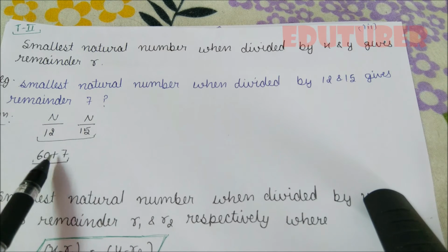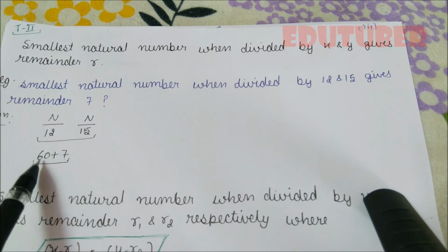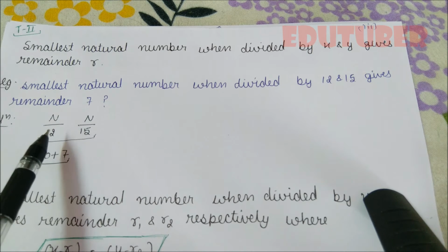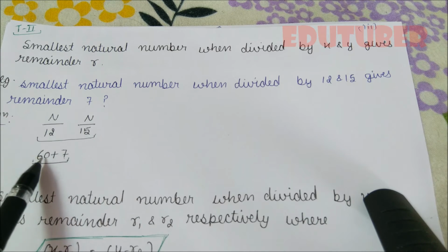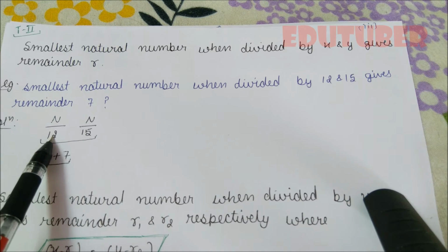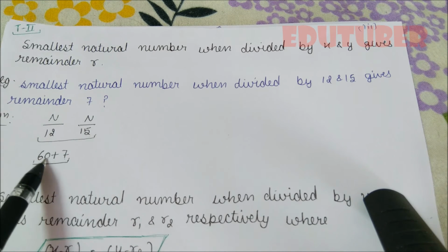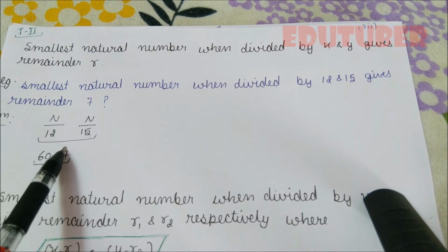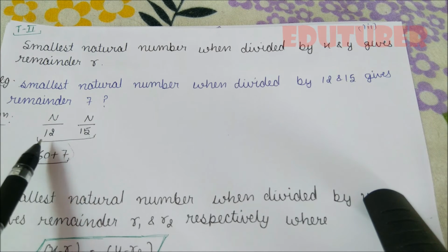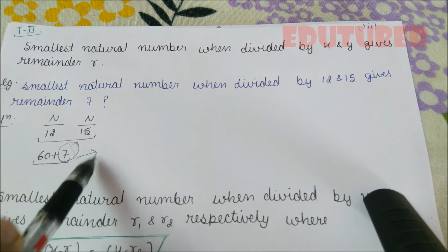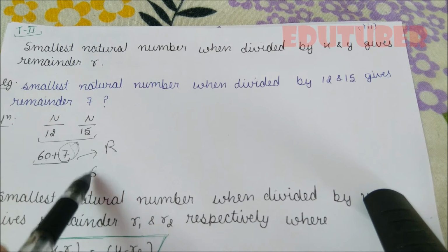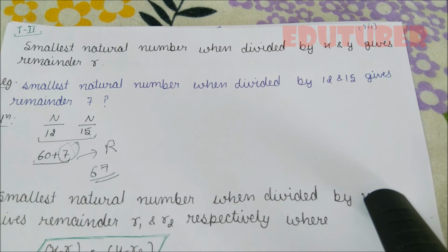So if you think carefully, if we add 7 to the LCM, whenever we divide this number by 12 or 15, this 60 will be fully divisible, but this 7 will never be divisible by either 12 or 15. So this 7 will always be the remainder. So here the answer becomes 67.